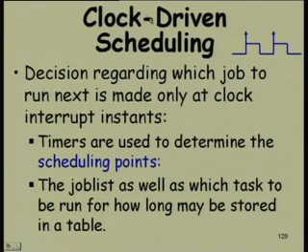First, let us look at the clock driven schedulers, because these are the simplest ones. The event driven ones are more complex. As we are saying, there is a timer which produces interrupts at regular intervals, and each time an interrupt occurs, the scheduler wakes up, and that is the scheduling point.